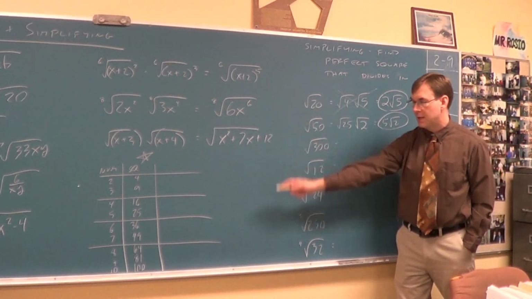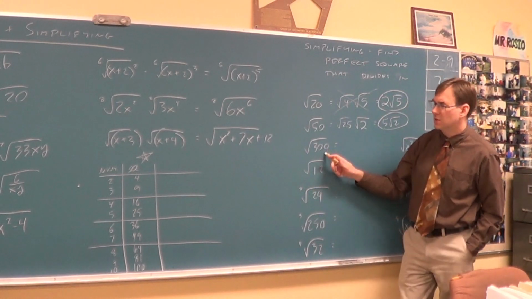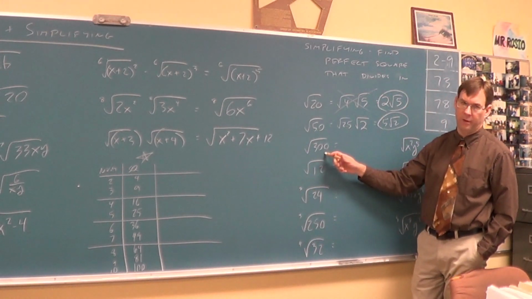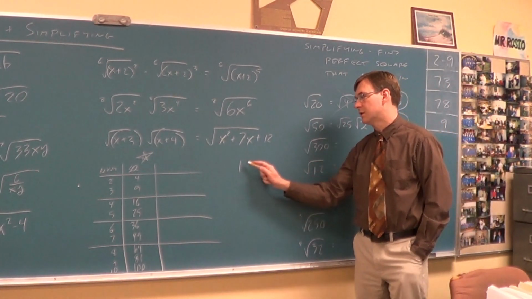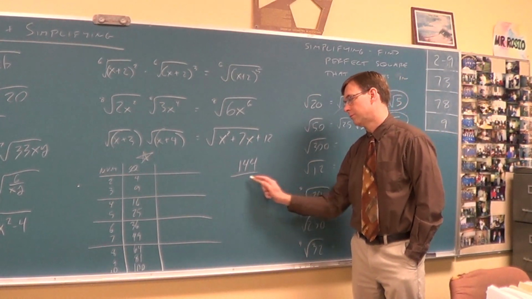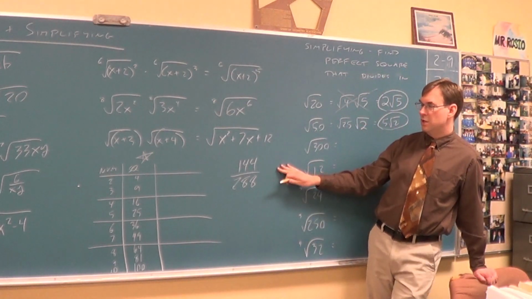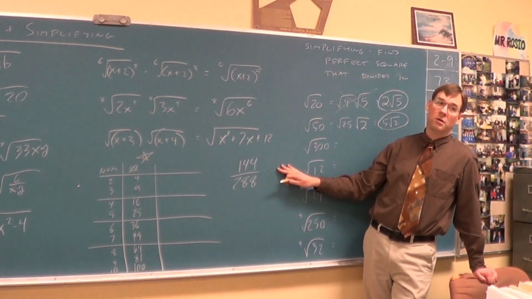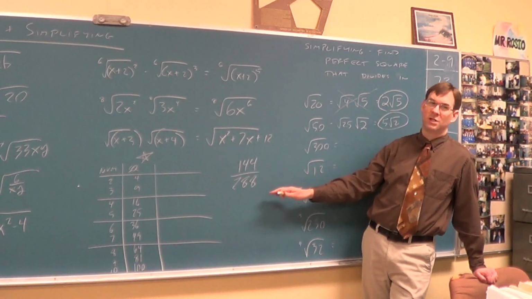300. There's a bunch of numbers on that list that go into 300. When you have a bunch to choose from, bigger is better. Bigger is always better. It's kind of like reducing fractions. If I gave you this to reduce, you could start yelling stuff like 2 goes in, 3 goes in, 6 goes in, but you'd have to reduce it like a zillion times.